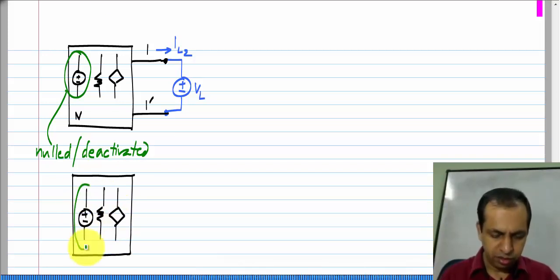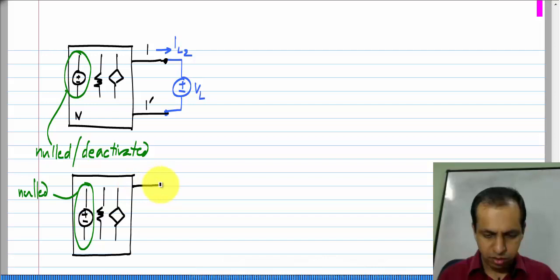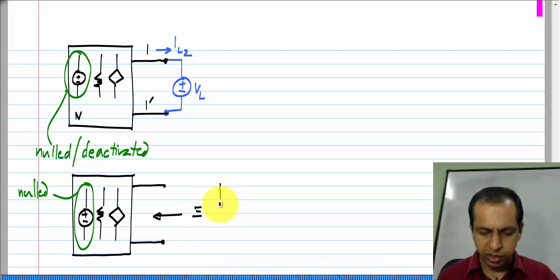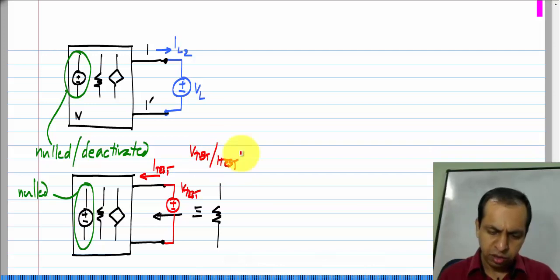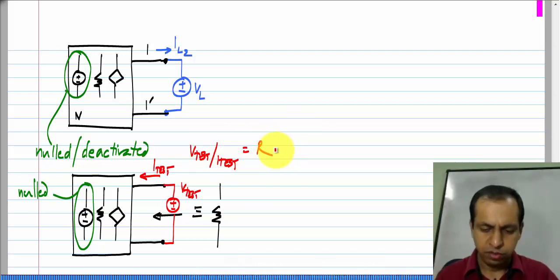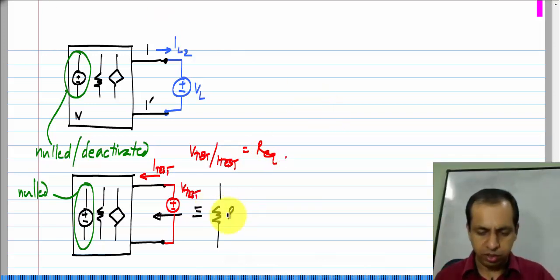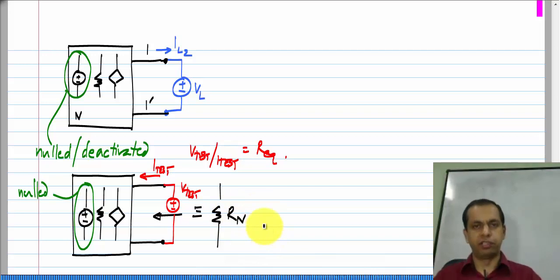And I am considering the case with this nulled, and looking in here, it always looks like some resistor. What it means is that if I applied some V test and measure I test, V test by I test would be some constant which is given by R equivalent. In this particular case, I will call it R n, the Norton resistance.